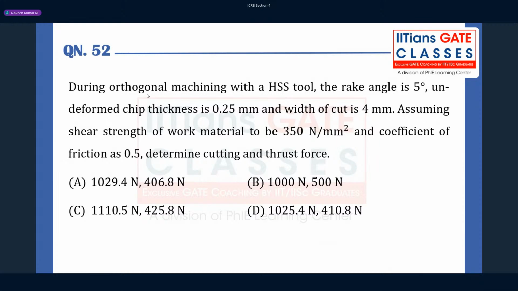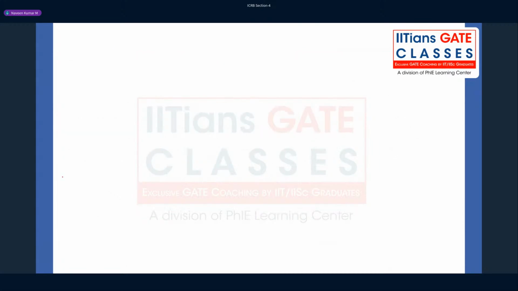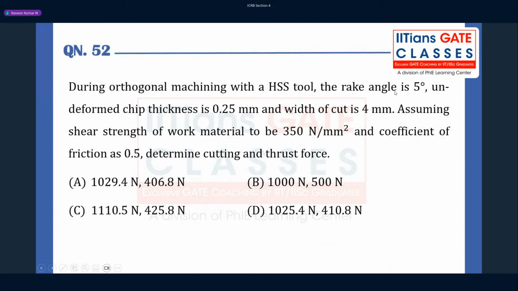What is given here? During orthogonal machining with a HSS high speed steel tool, the rake angle is 5 degrees. So let us write what is given on the next page. Rake angle is 5 degrees, undeformed chip thickness is 0.25 mm, and width of cut is 4 mm.